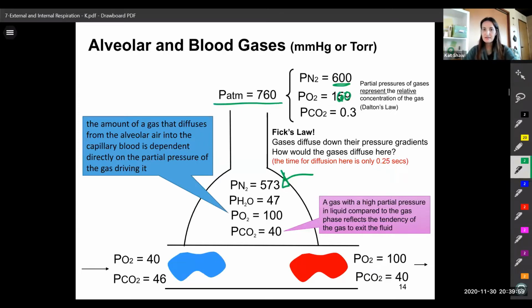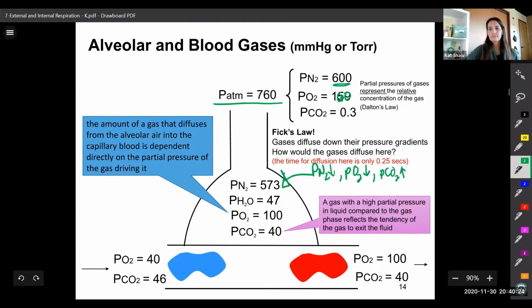And that means that the partial pressure of nitrogen decreases. That will decrease. Partial pressure of O2, that also decreases. But the partial pressure of CO2, that increases.